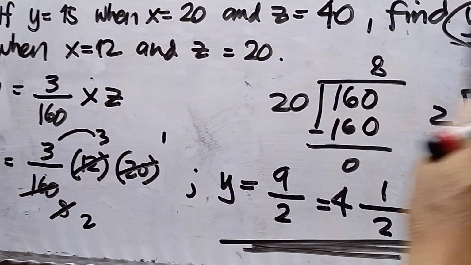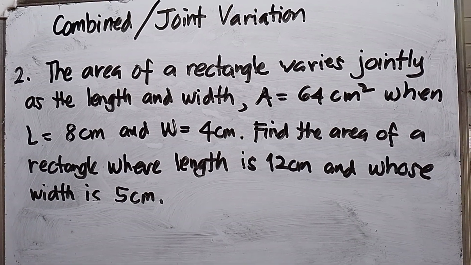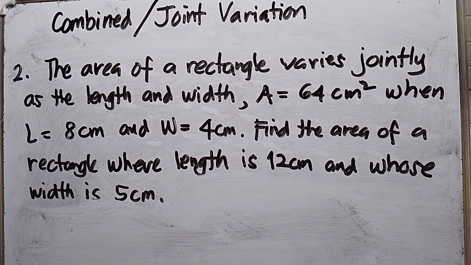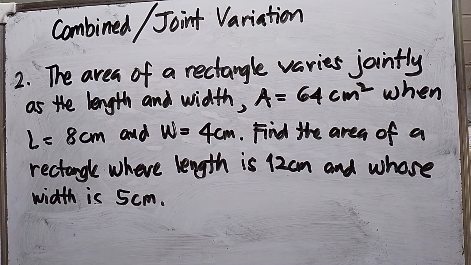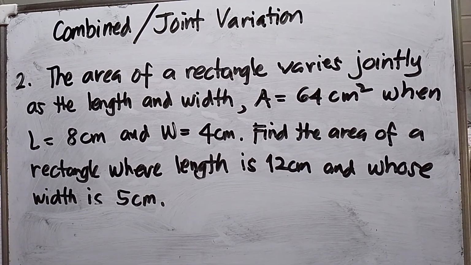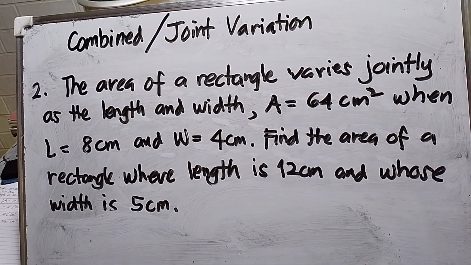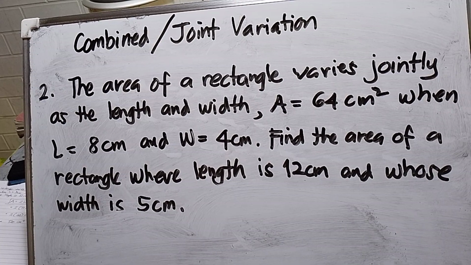Now let's proceed to number 2. The area of a rectangle varies jointly as the length and width. Area is equal to 64 centimeters squared when length, or L, is equal to 8 centimeters and the width, which is W, is equal to 4 centimeters.